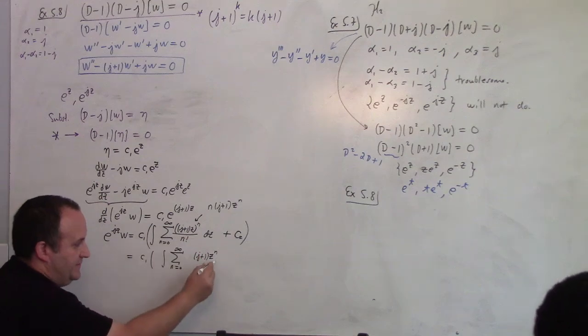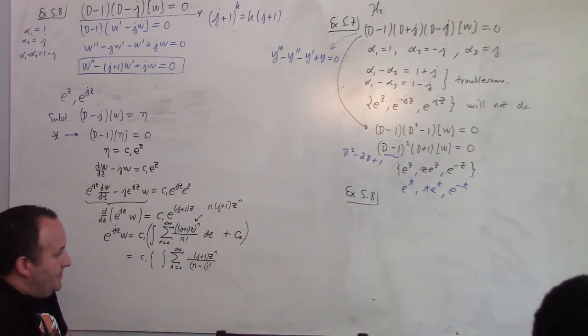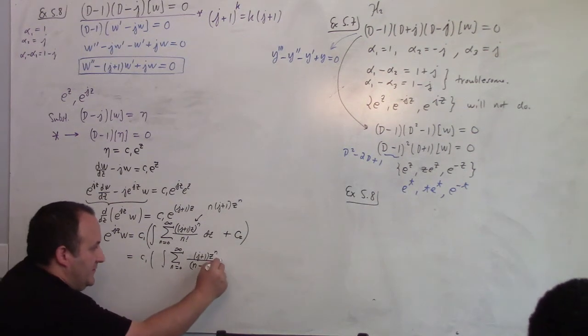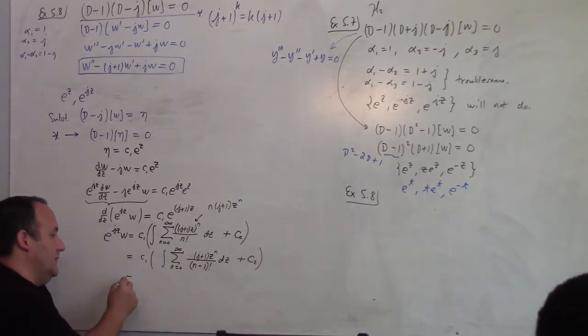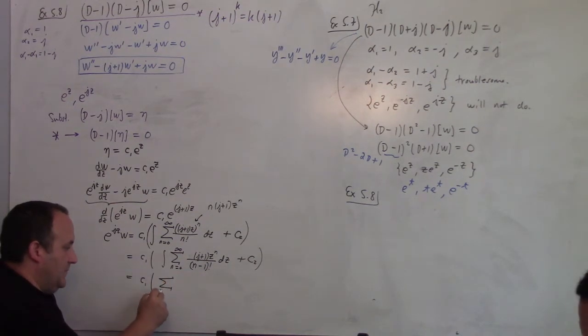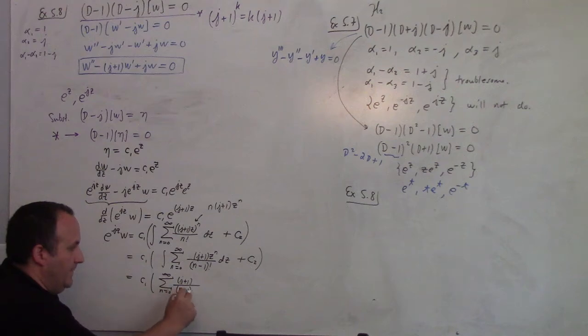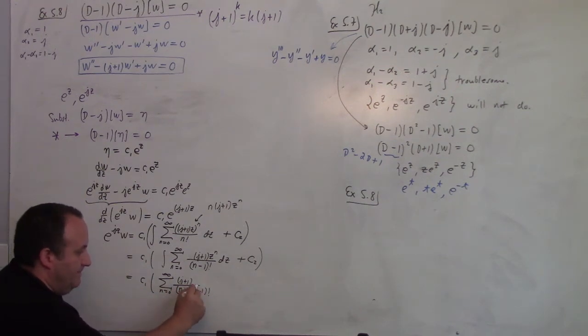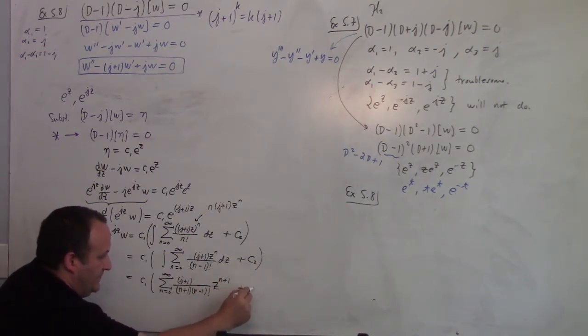N over n factorial is n minus 1 factorial. And then I need to do the term by term integration that I proved is reasonable in the previous paper. So I have C1 sum n equals 0 to infinity of (j plus 1) over (n plus 1) times (n minus 1) factorial, z to the n plus 1, plus some constant.